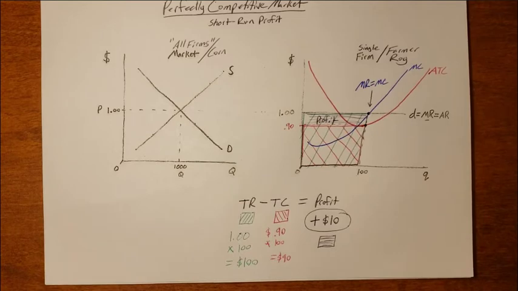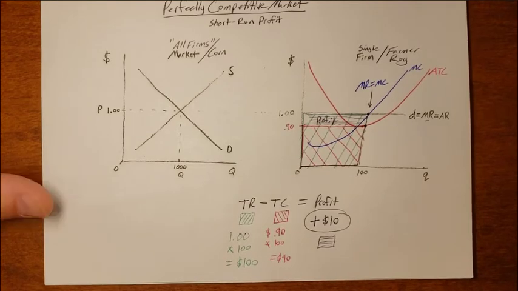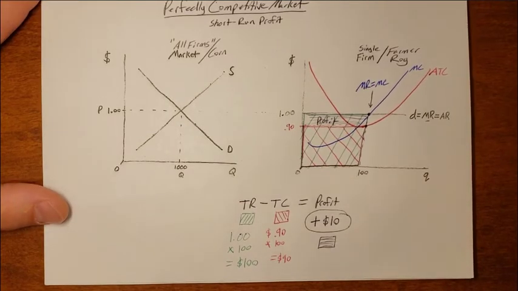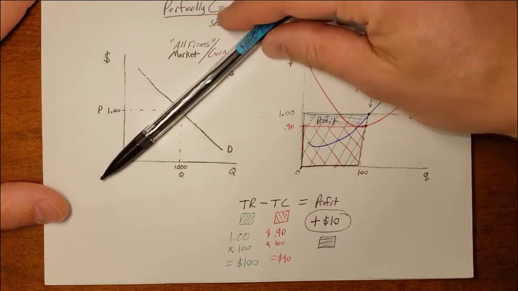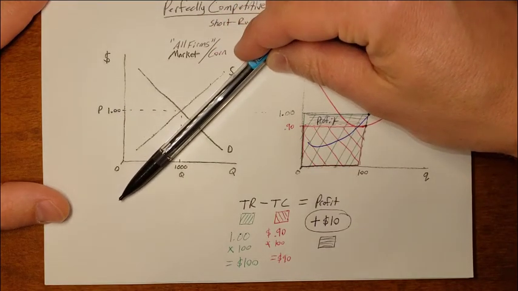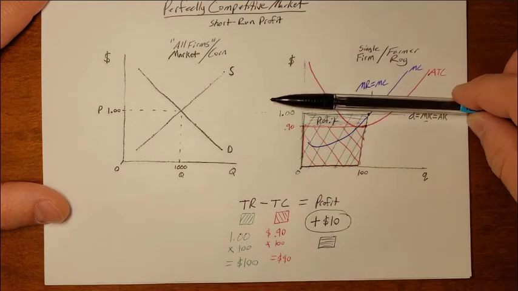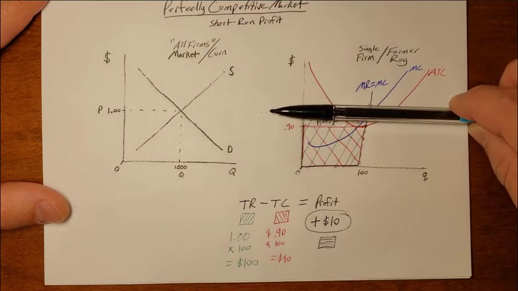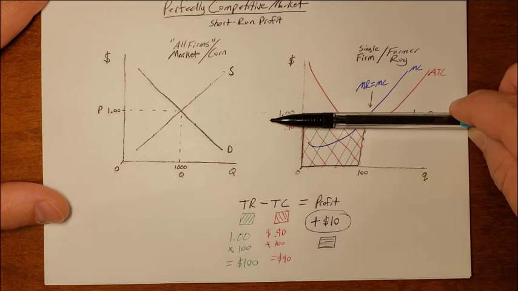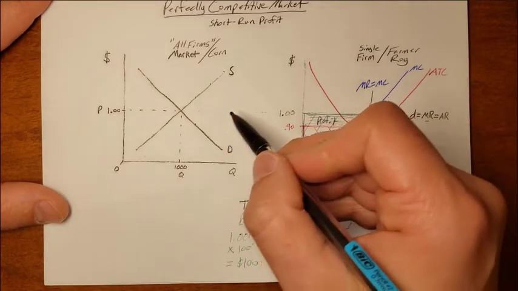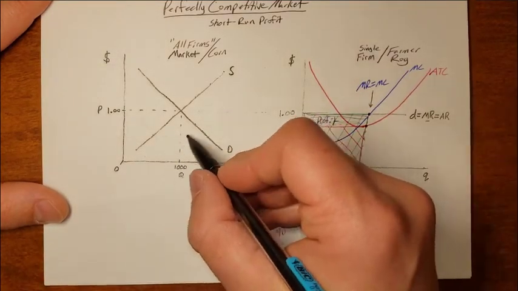Okay, so this is what it's going to look like when a firm is earning a positive economic profit. Now, in the long run, what we might expect to happen is if this firm is earning an economic profit, we might expect an increase in the supply to come in and push the price down. And that would also push the demand curve down to 90, and it would squeeze the profits so that this particular firm would not any longer be earning an economic profit.